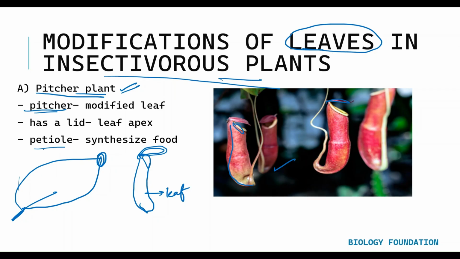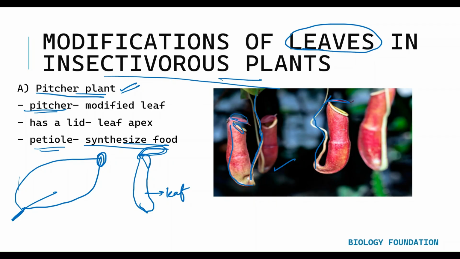This petiole plays a role in synthesizing food and forming this tendril-like or wire-like structure so that the pitchers can hang. Is it clear? So the petioles act as normal leaves performing photosynthesis, while the actual leaf gets modified into the pitcher and the leaf apex forms the lid.